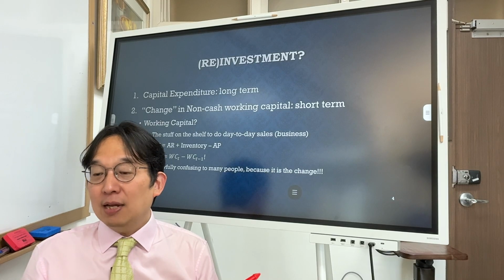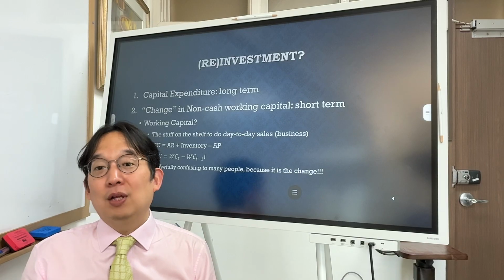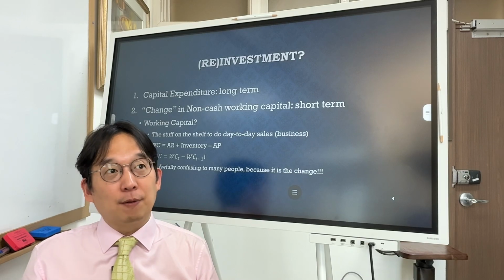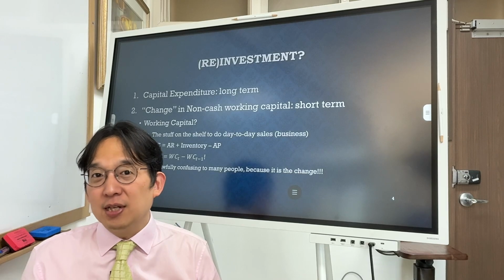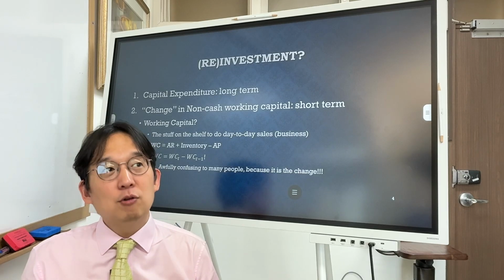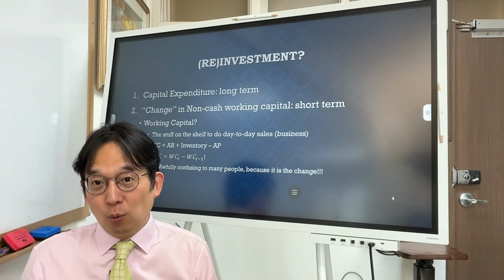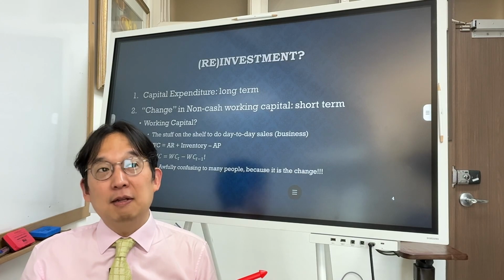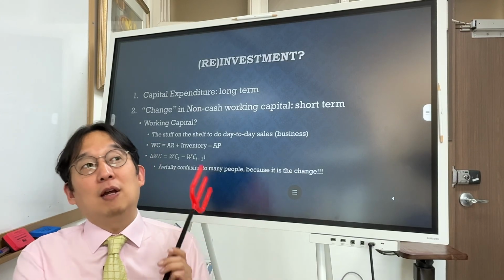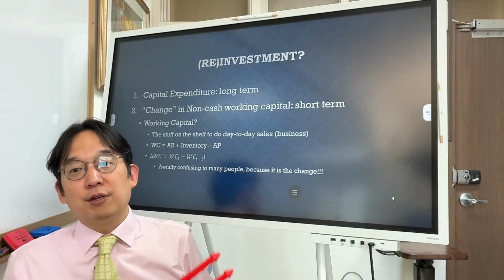Okay, what is that about? Well, first of all, non-cash working capital. What is that? Well, that's inventory. The way I understand it is it's inventory. Okay, look at the Levi's store. I just went there, one of them, over the weekend, and I found a lot of blue jeans, right?